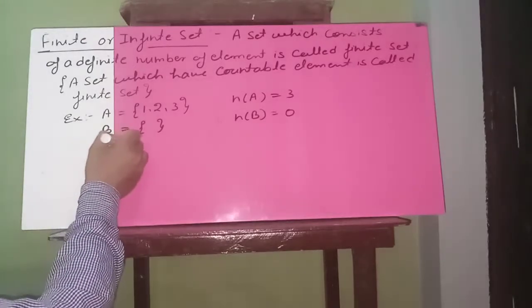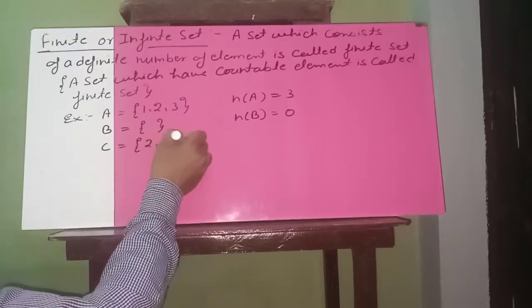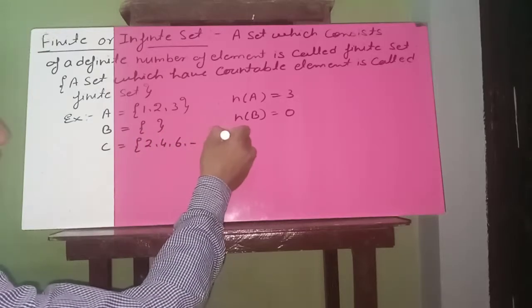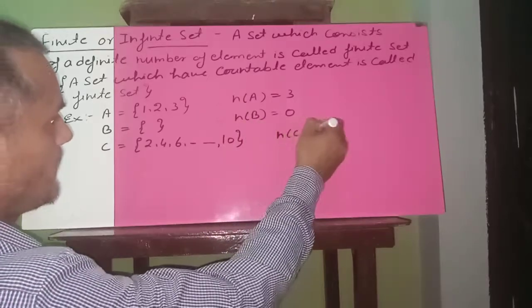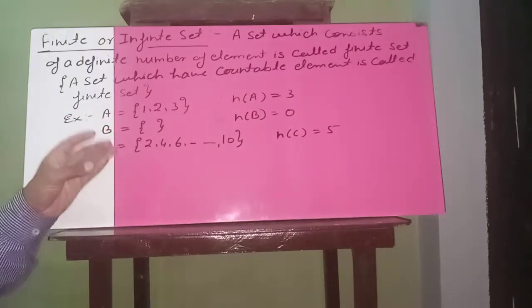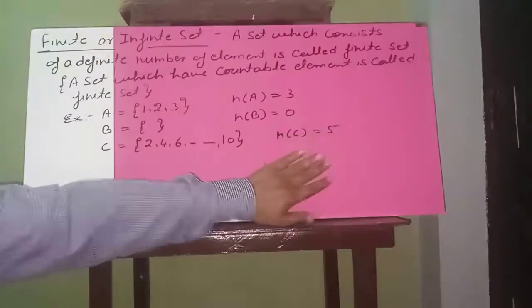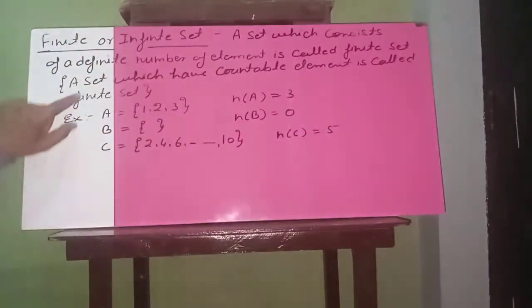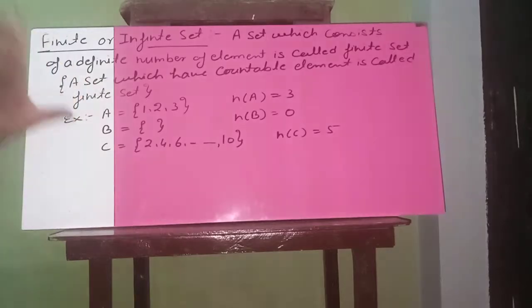I have a set C, {2, 4, 6, ..., 10}. The number of elements in set C is 5: 2, 4, 6, 8 and 10. That is countable. So sets A, B, C are all finite sets. That is the definition of finite set. Pause the video and note down.